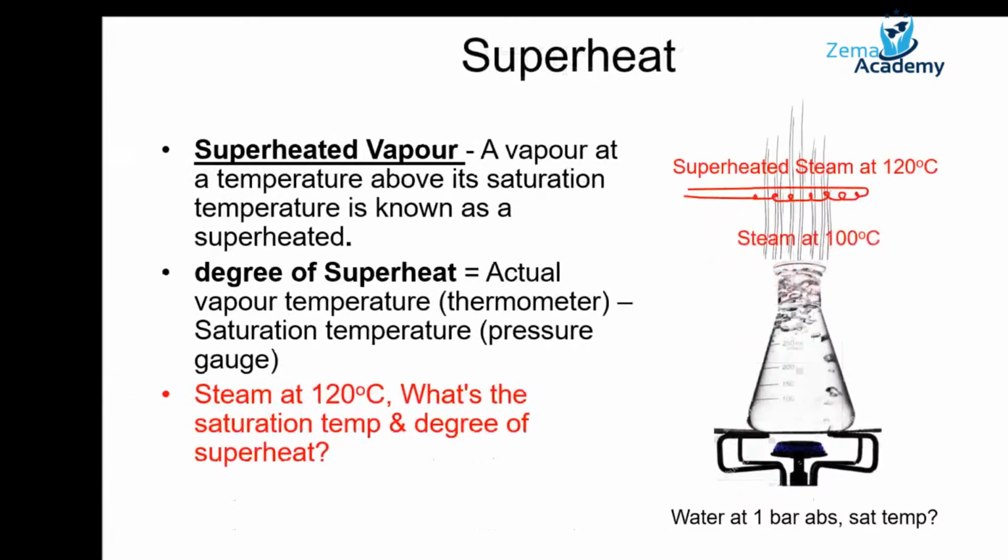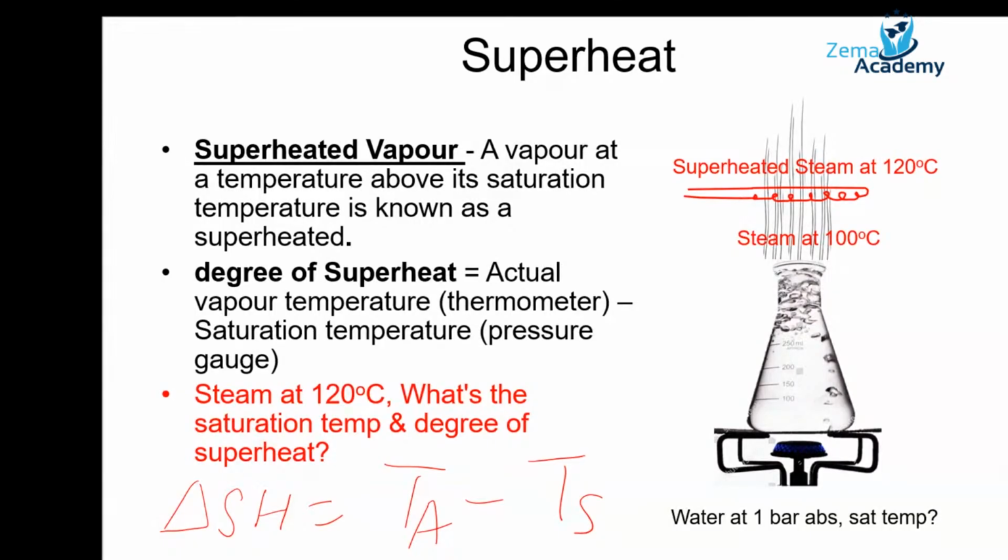Other terms that we will come across is the superheated vapor. And the superheated vapor is referring to the temperature above the saturation temperature. And we can actually calculate our degree of superheat. The degree of superheat is equal to actual temperature minus Tsat. One example that I just gave you here is we have water boiling.